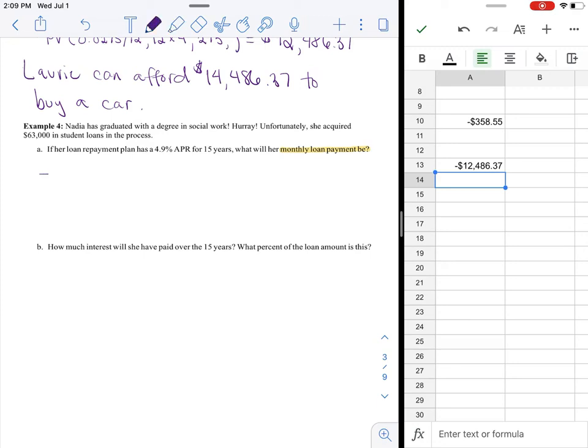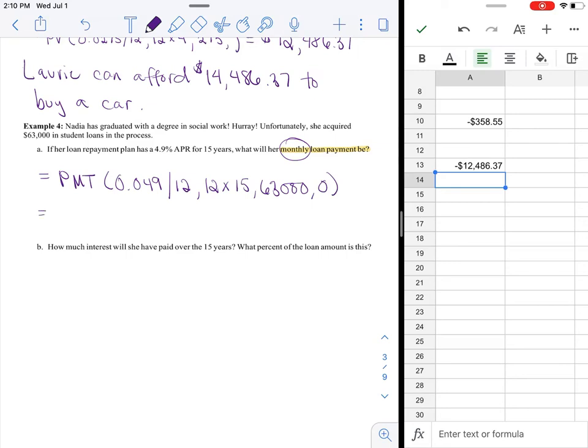That gives it away that you'll use the payment function. Your rate is 0.049. It's every month. I gave it away here, monthly. We're going to pay it every month for 15 years. And our loan amount is $63,000. And we want it to be 0 in the future.